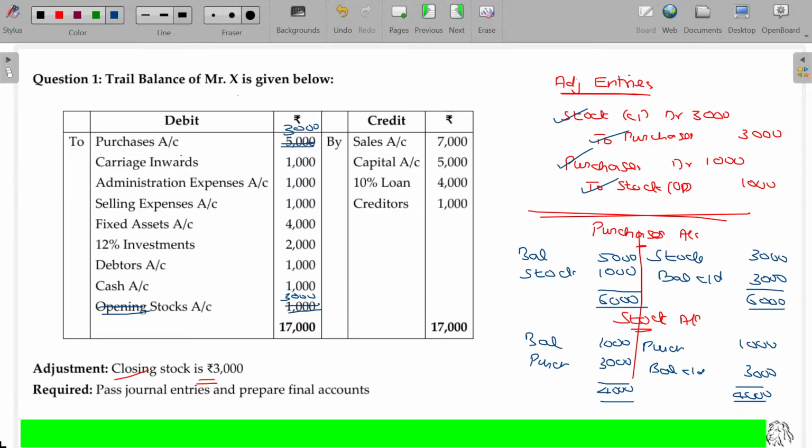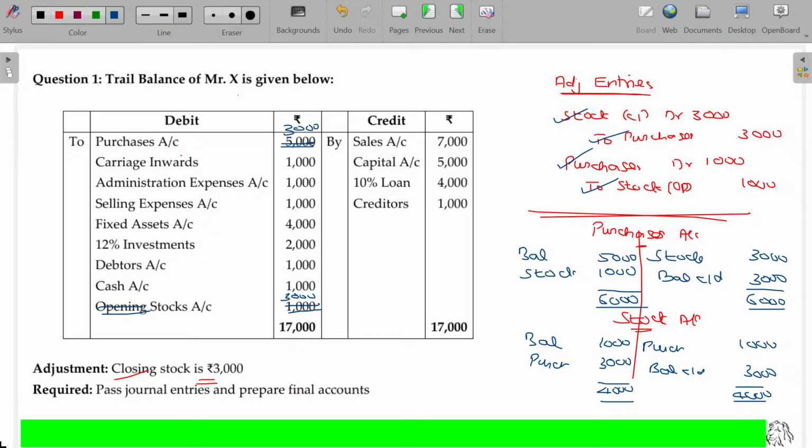If nothing is stated, and if it is opening stock, you may understand easily, transfer to the debit side of the trading account. Closing stock is directly transferred to the balance sheet asset side, but nothing stated. What you can do, go and see the adjustments. On referring to the adjustments, you find if there is no stock adjustment, the stock given in the trial balance represents only the closing stock.